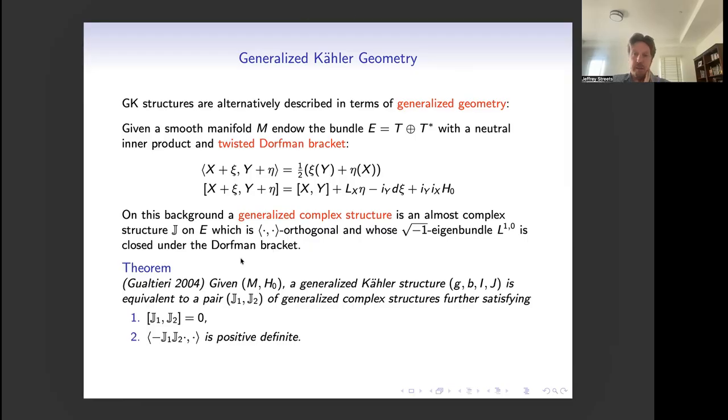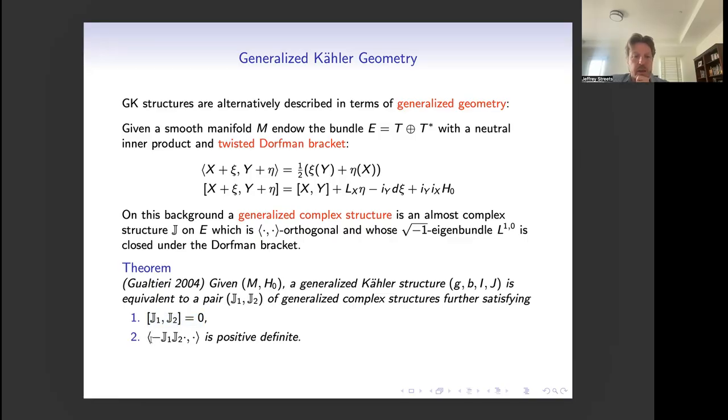And then the fundamental theorem of Gualtieri is to reformulate generalized Kähler structures, as I wrote them on the previous slide, in the following language. It's equivalent to a pair J1, J2 of generalized complex structures on this algebroid, which satisfy two algebraic conditions.